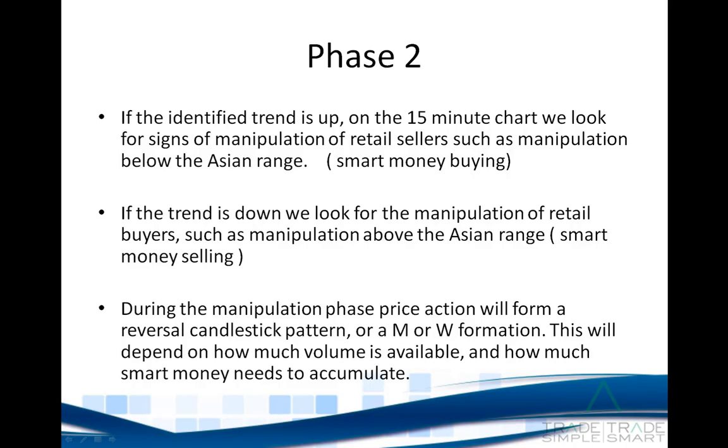So by identifying phase 1, it gives us a strong bias as to the direction of phase 2, and it allows us to pick levels of manipulation well in advance of the market actually reaching these levels.